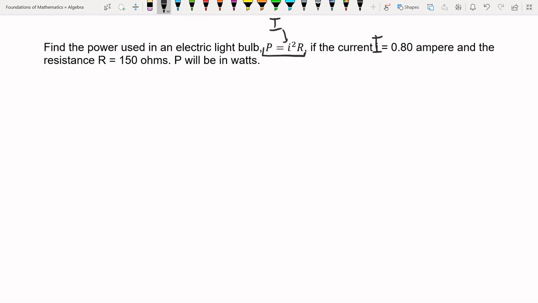Ohms is the unit for resistance. P, which is amps squared times ohms, ends up working out to be watts, which is the unit of power.